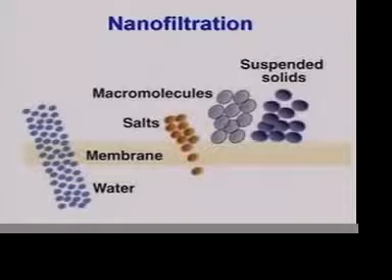Multivalent salts, such as calcium and magnesium, the hardness ions we have in water, are specifically rejected by an NF membrane, whereas the monovalent salts, such as sodium, which is the other most common cation in raw water supplies, will pass through relatively easily. So an NF membrane, and their first application was as a municipal softening membrane, would specifically reject the hardness ions and yet allow the sodium ion to go through.